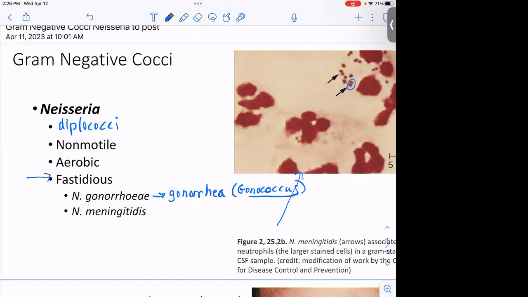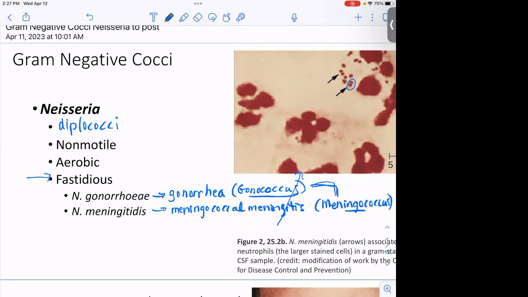And Neisseria meningitidis is the causative agent of meningococcal meningitis. And that used to be called meningococcus. Okay, so again, those are outdated, but sometimes you read that in the literature.